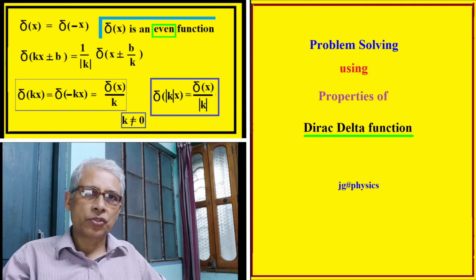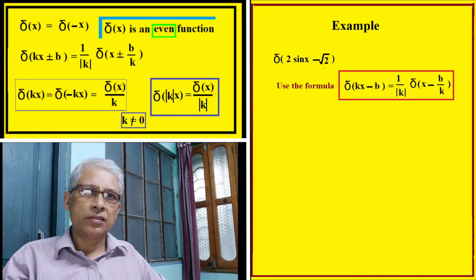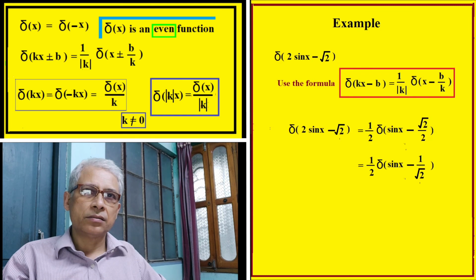And here we have shown the value of Dirac delta of kx or minus kx, and it is Dirac delta of x by k, and of course k is non-zero. Let us consider this example, and we would apply the formula as written in the slide within the red rectangle. It gives a rather simplified expression of half into Dirac delta of sin x minus 1 by root 2.